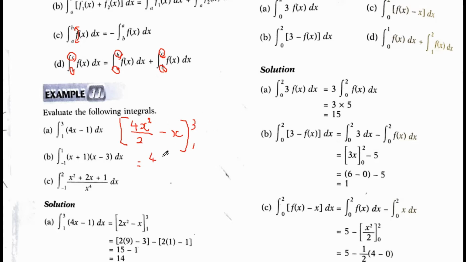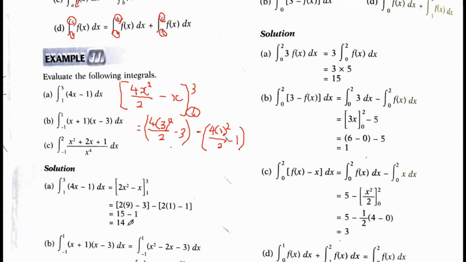So 4 times 3 squared over 2 minus 3. Okay, minus, we have to substitute 1 for x here. So 4 times 1 squared over 2 minus 1. Okay, you calculate this, you have the answer 14.